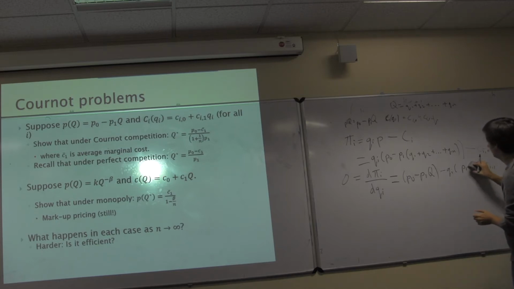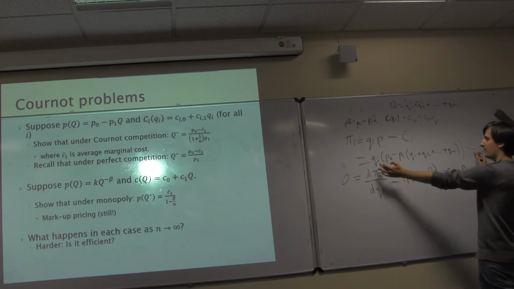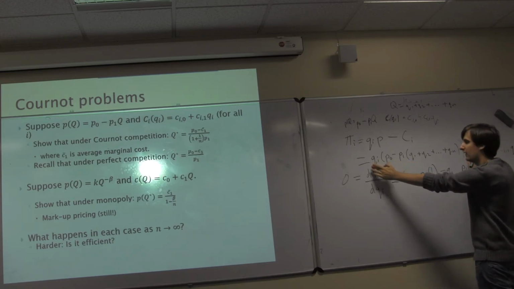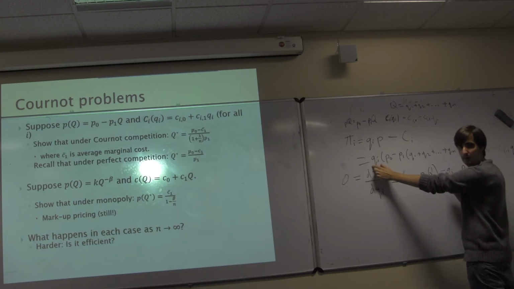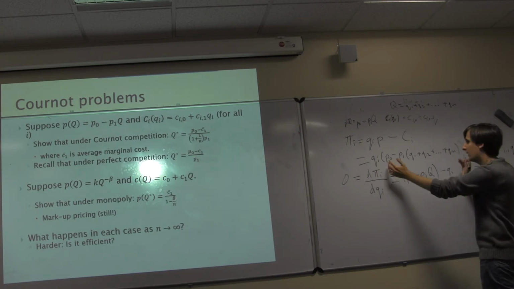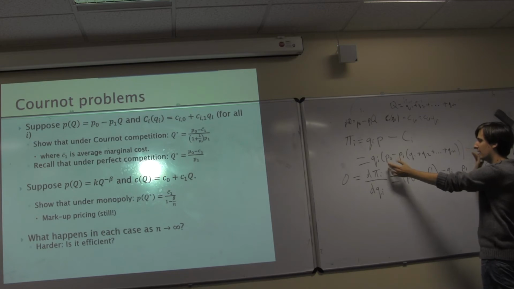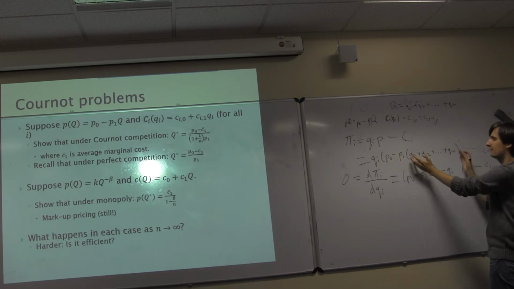Sorry, can I be annoying and ask how you got the P0 minus P1 and the big Q? So what we were doing was we were applying the product rule to this expression, okay? So we had the derivative of Qi, which was just 1, times this thing in brackets. So that's P0 minus P1 times this thing.